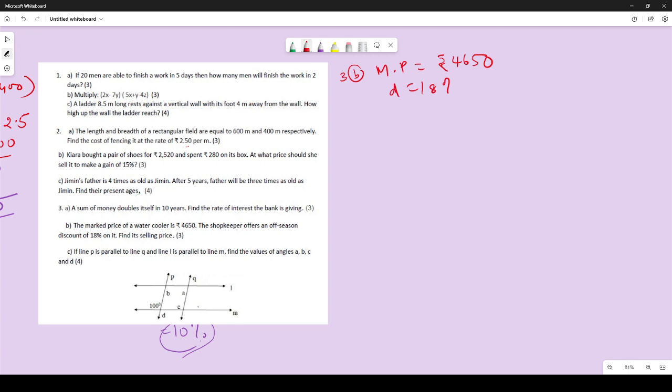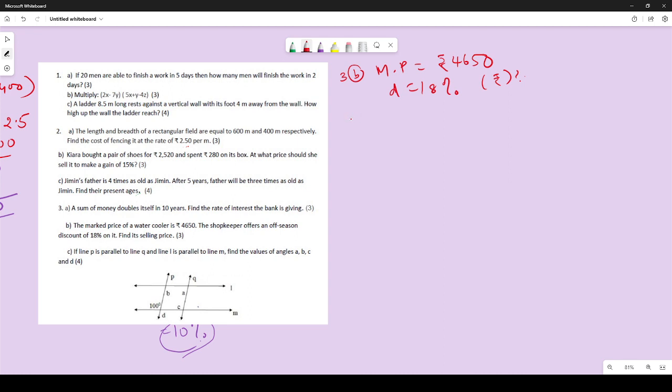Right? Now remember that discount is always offered on the marked price. So what do we do over here? Now we have this discount given in percentage. Let us find out how much it is in rupees first.